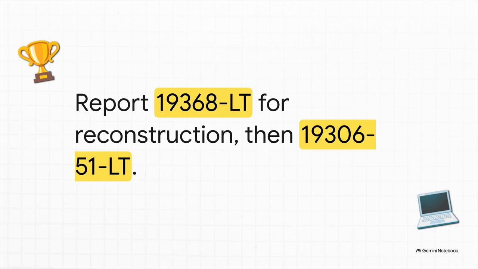Because of this specific combination, we correctly report the complex TRAM flap reconstruction first with 19368 LT, followed by our highest tier, the extended radical code 19306 LT with modifier 51 attached to indicate multiple procedures. And just like that, you have perfectly captured the massive anatomical resection and the reconstruction without unbundling a single thing.